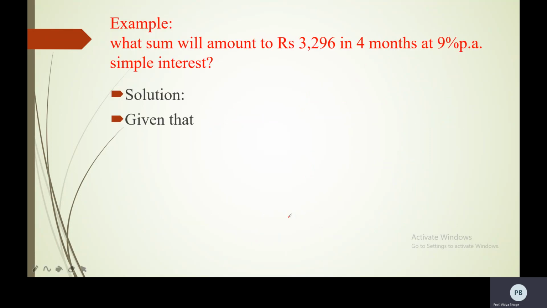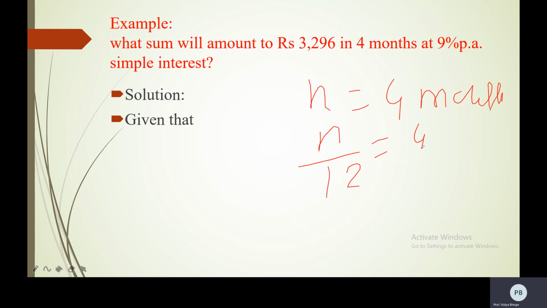Next example. What sum will amount to rupees 3,296 in 4 months at 9% per annum simple interest? Here N is 4 months. This month can be converted into years by dividing by 12.